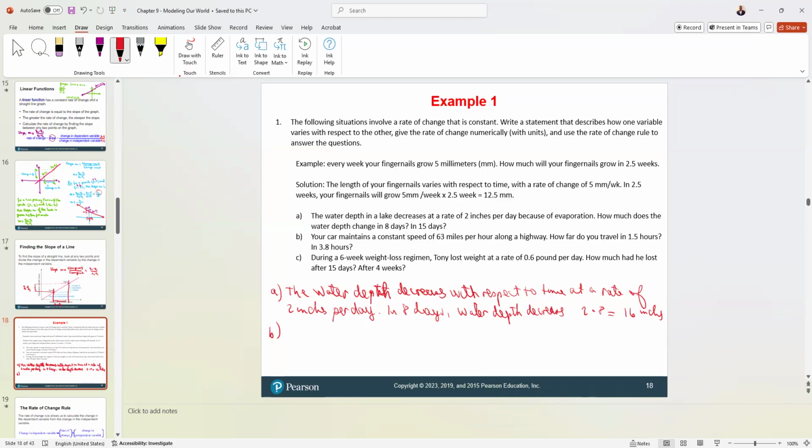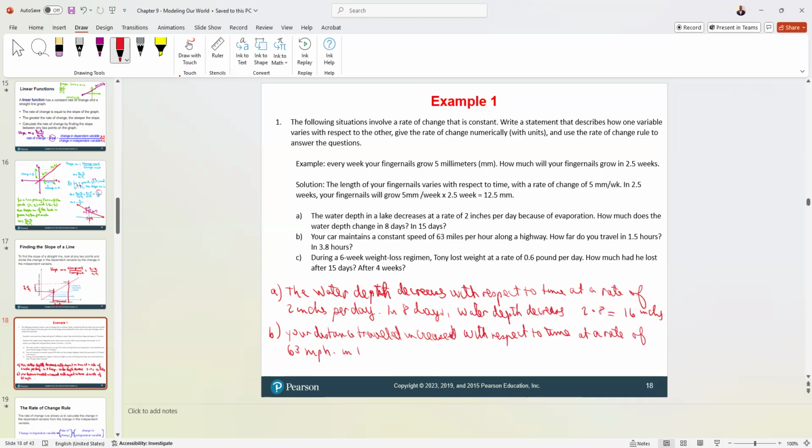First of all, your distance traveled increases with respect to time at a rate of 63 miles per hour, along a highway. So how far do you travel in 1.5 hours?